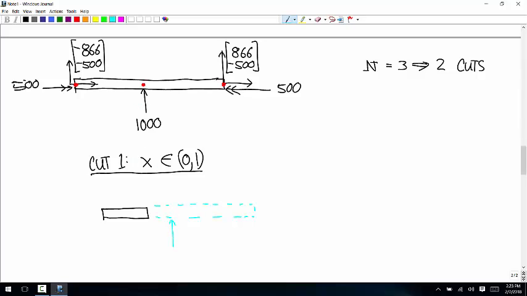Somewhere over here, there's the 1,000 Newton force. Somewhere, well, not somewhere, at the end is this 866, negative 500. And then here's that couple. And all of that stuff is happening to the right of what we're isolating.